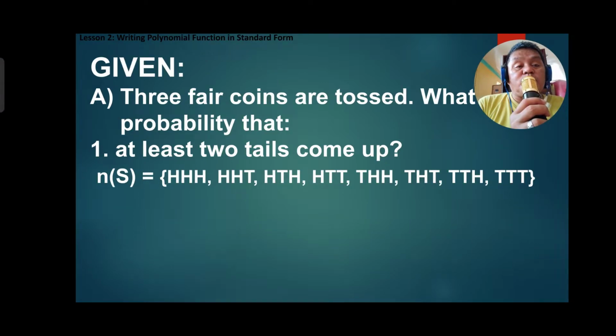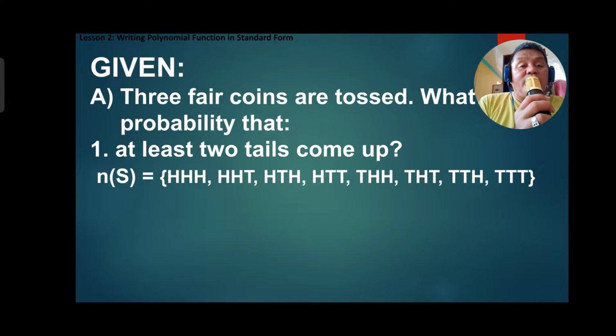This time, we're going to find the outcomes in the sample space. Since there are 3 fair coins, the number of outcomes is equal to 8. Using the fundamental counting principle, we have 3 coins and there are 2 faces, so 2 times 2 times 2 is equal to 8 outcomes.